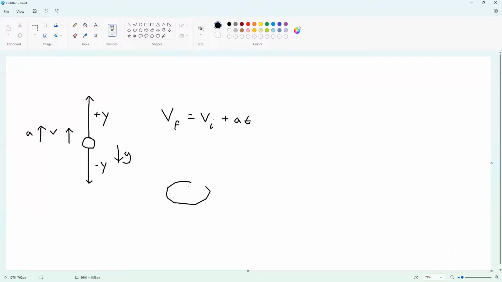And I'll give the same example. This is your car. This is my expensive tricycle. Velocity initial for my expensive tricycle, that's V initial, expensive tricycle.